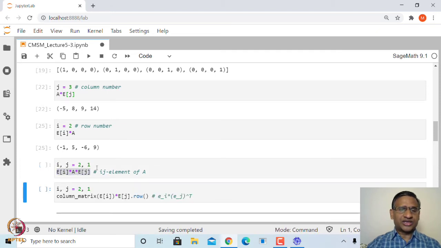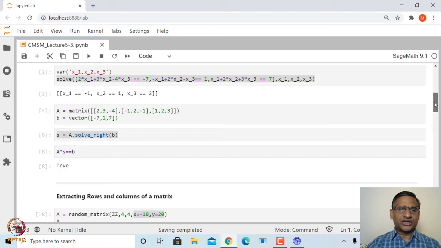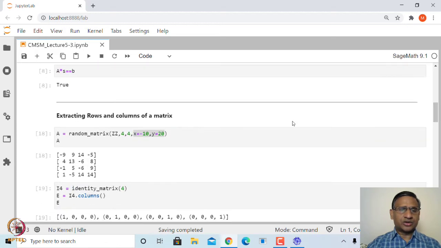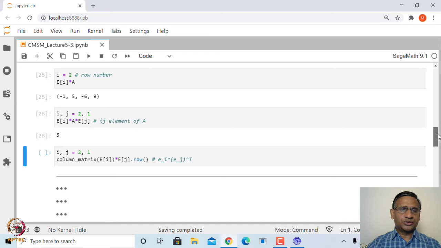For example, in this case, when i is equal to 2 and j is equal to 1, you are going to get the third row, second column element, which is 5, and you can verify that the third row, second column entry is 5. So the ijth entry you can also obtain using this.